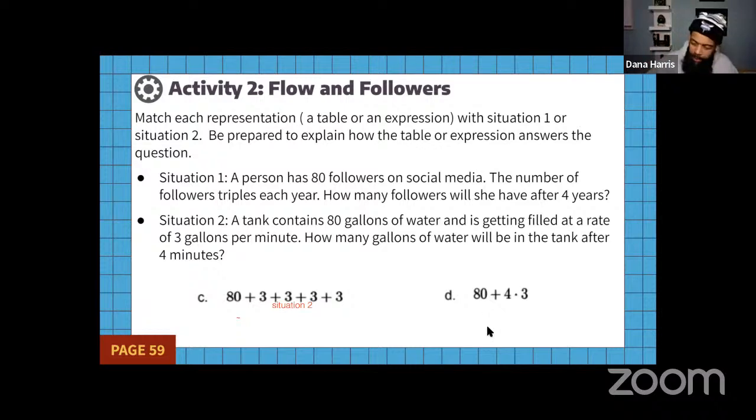All right, but if you look at this previous expression right here, notice that there are 4 threes. All right, so if I have 3 plus 3 plus 3 plus 3, there's 4 threes. So I can just say 4 times 3. So that's going to be situation number 2. All right, situation 2 for both of these. Let's move forward.